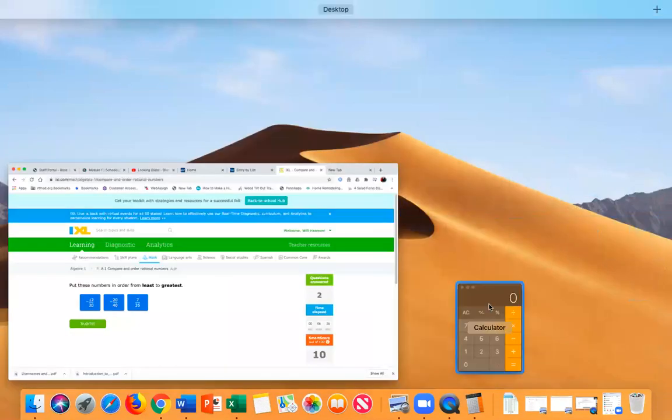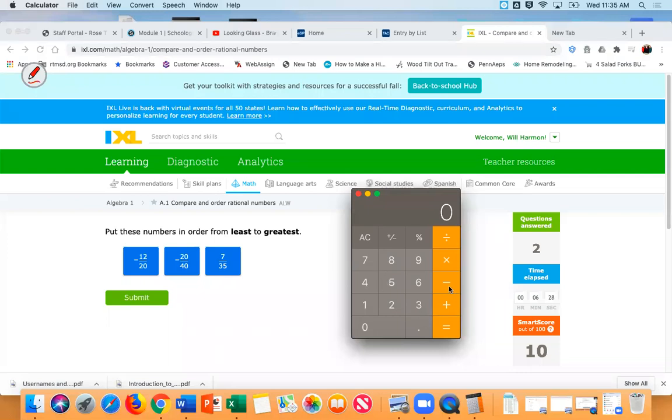So what I do is I'm going to type in negative 12 divided by 20. And I'm going to hit enter. Do you see how I got this decimal? Right. All right, now we're going to type in negative 20 over 40. And that's negative 0.5.